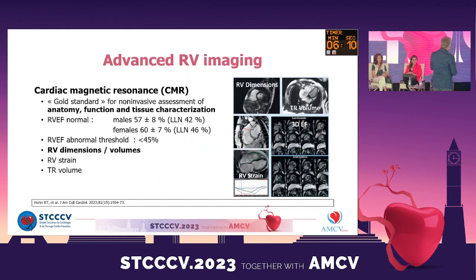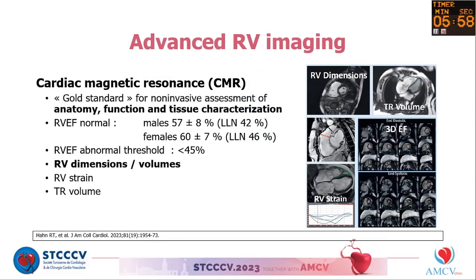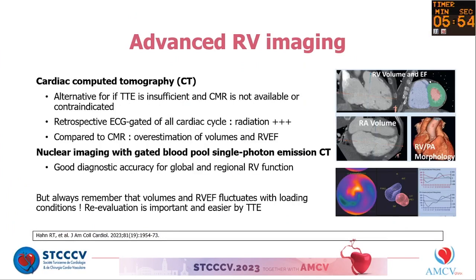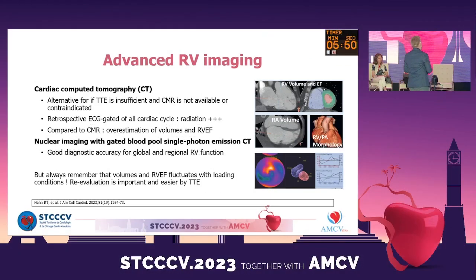So imaging the right ventricle, I will focus on the transthoracic echo, but I cannot not talk about cardiac magnetic resonance because it's still the gold standard for non-invasive assessment of anatomy, function, and tissue characterization. You can also use cardiac CT, but it involves a lot of radiation, and compared to the CMR, it overestimates the volume and RVEF.